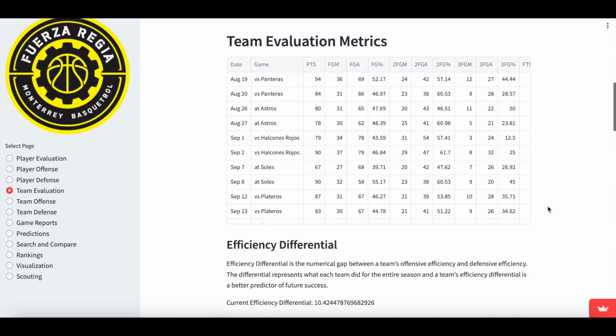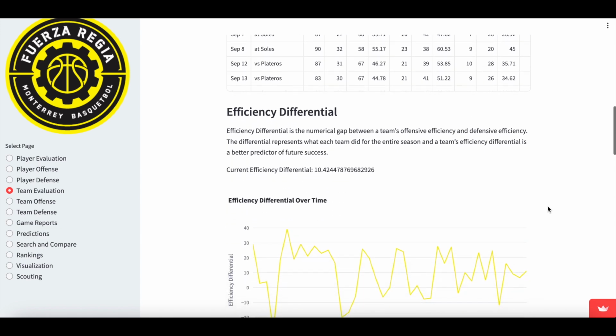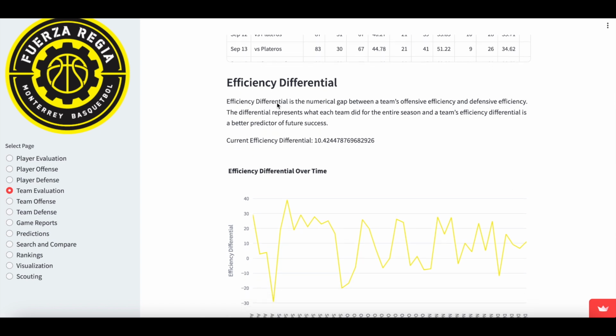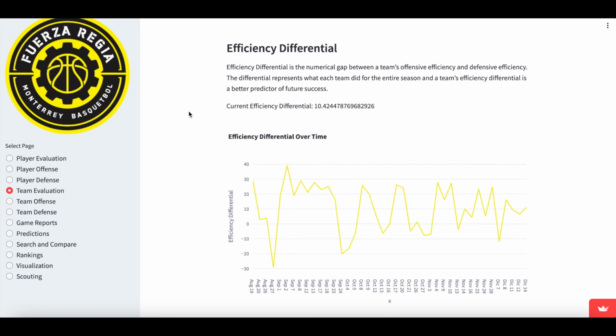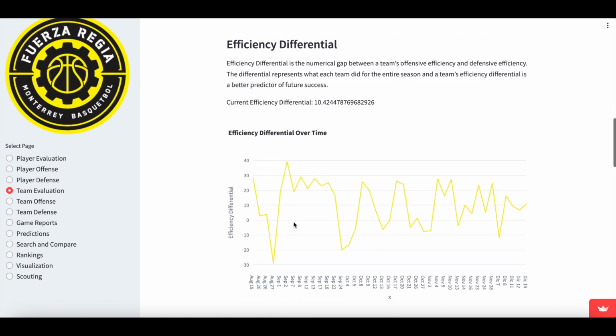And we start with the first metric for team performance, which is efficiency differential. And here again, we use more than anything line graphs. So the user can visualize, for example, in the case of Fuerza Regia, how much their efficiency differential fluctuated over time during the 2023 season.